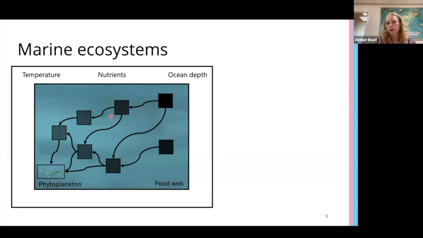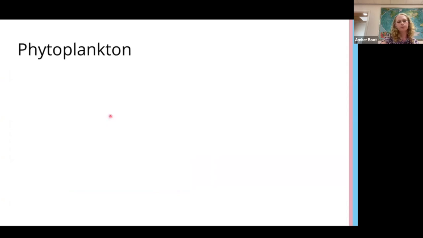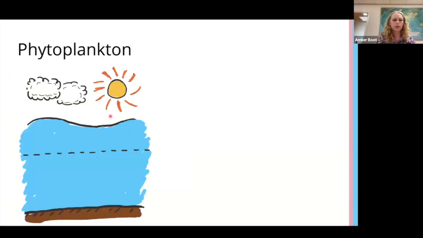Now, because we will be talking mostly about the effect of phytoplankton cascading upwards into the food web, I also have a slide with more detail about phytoplankton. So we have an ocean here, and in our ocean we have a surface layer above the dashed line, and this is around 100 meters. And then we have a deep ocean. This drawing is definitely not to scale, right?